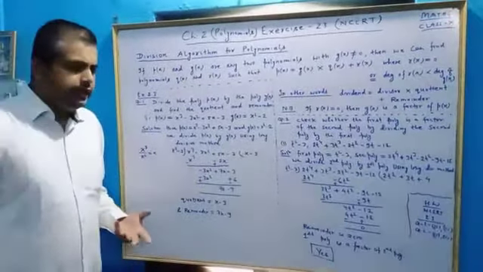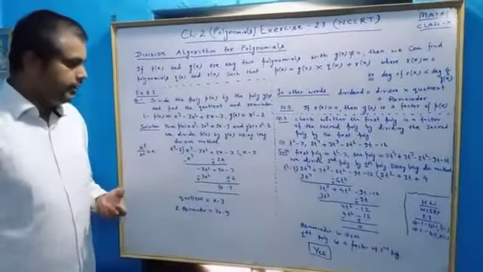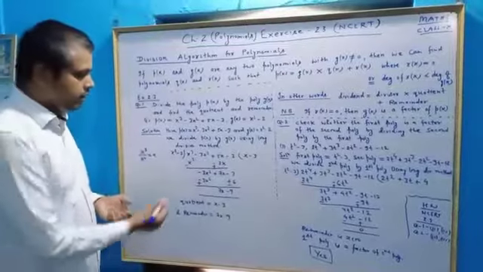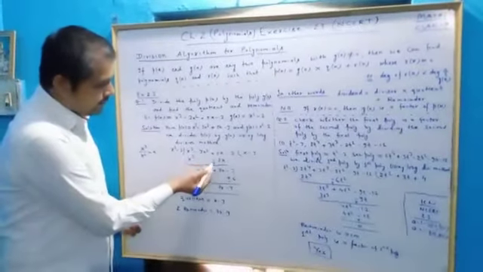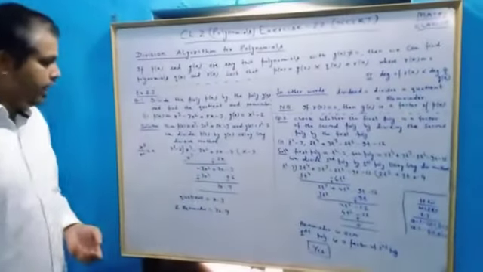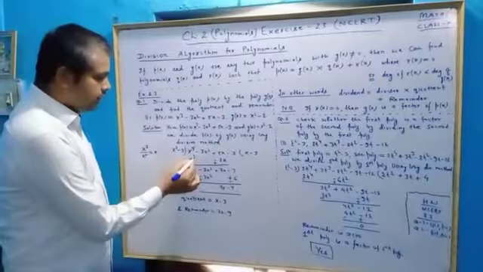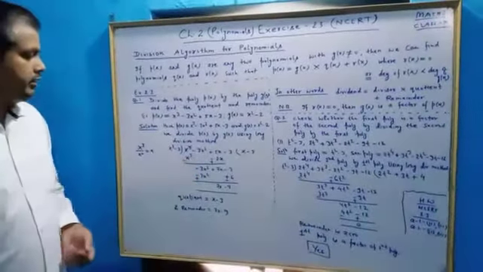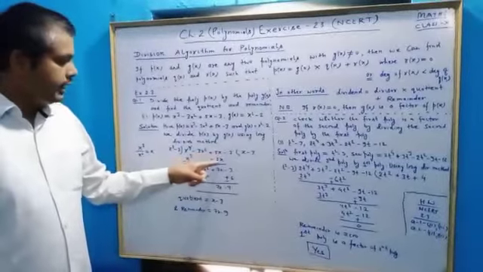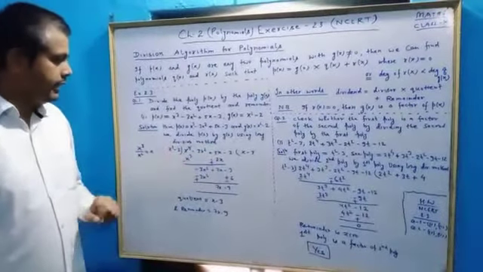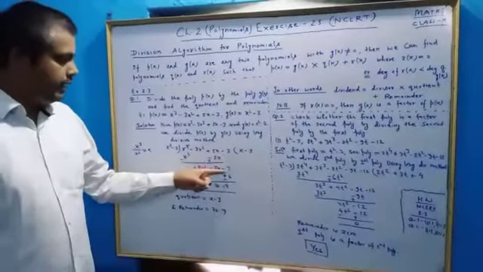Now we already know that in this long division method we change the sign. Here the sign is plus, then it is minus. Here the sign is minus, then it is plus. Now x cube and minus x cube cancel, and then 5x and 2x make 7x, and this is minus 3x square, and it is minus 3.